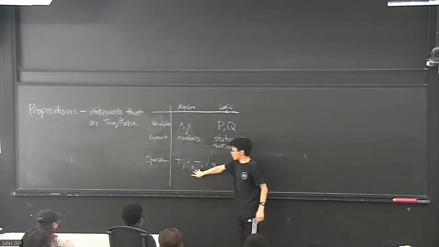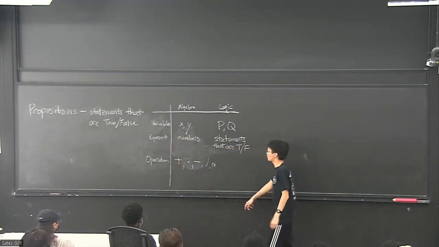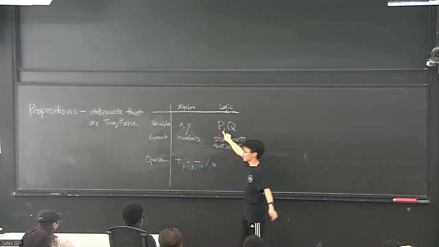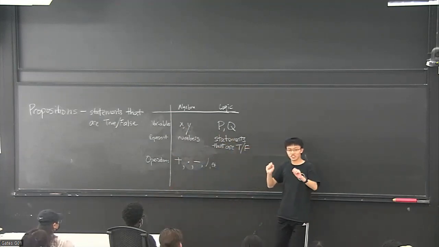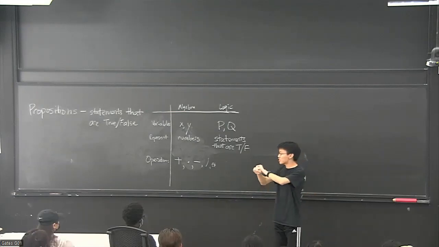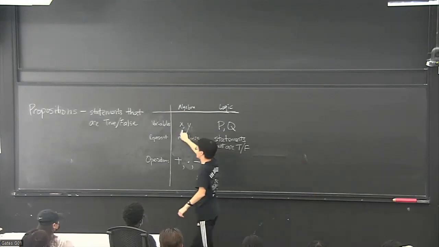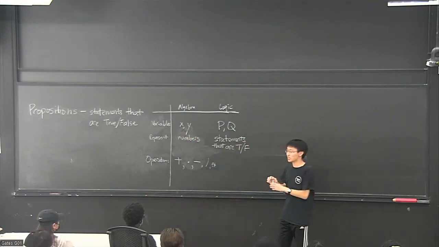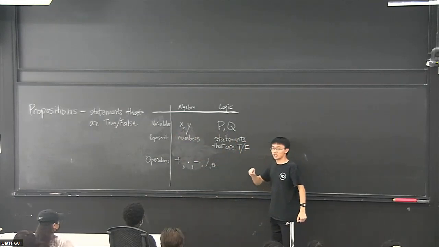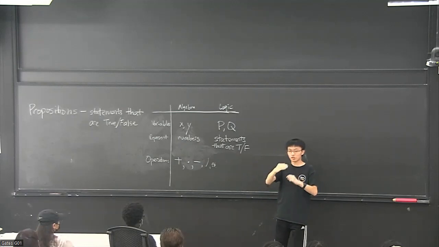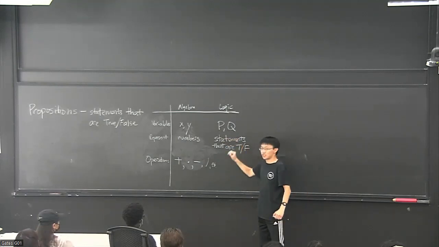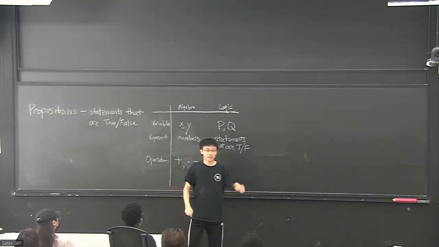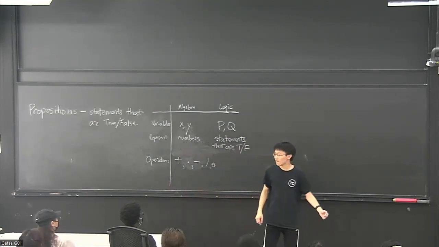Similarly, plus, times, minus, and divide operate on numbers or numerical variables and do not operate on Boolean variables p and q, which represent statements which are true or false. It's important to see the distinction: these represent numbers, and these represent Boolean values that are equal to whether or not that statement is true or false. Therefore, if p is something like it is raining outside, the value of p is false.